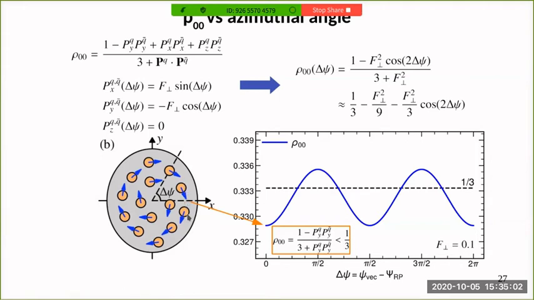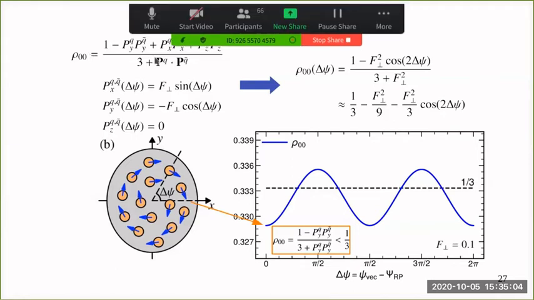So according to this equation, rho 0,0 is smaller than 1/3 because it is contributed by Py. And at this position here, the quark polarization is along the x direction. Because rho 0,0 is contributed by Px, it is larger than 1/3.